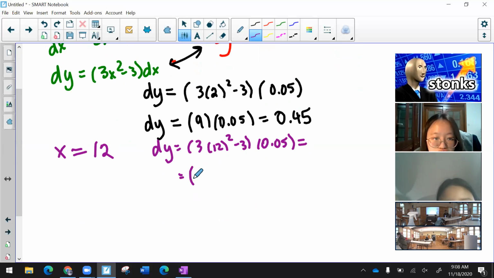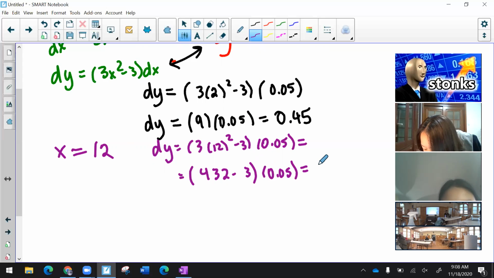That's 300, 420, 432. Minus the 3, but 144 times 3 is hard enough for me. So that's going to be 429 times 0.05, which I definitely cannot do in my head.